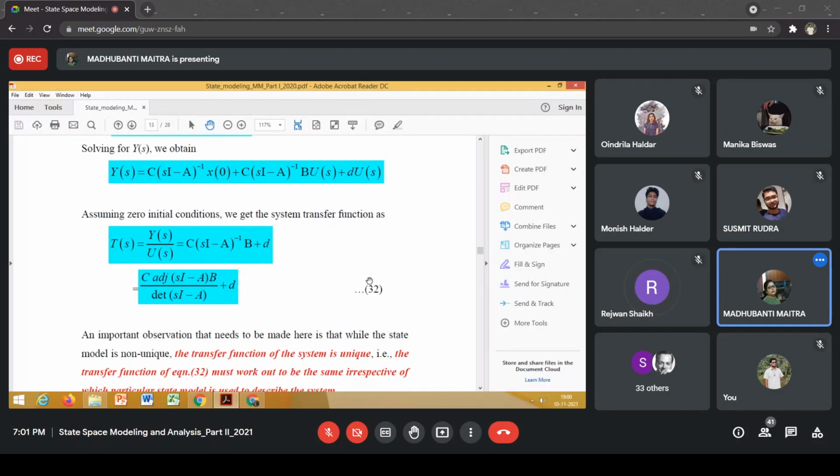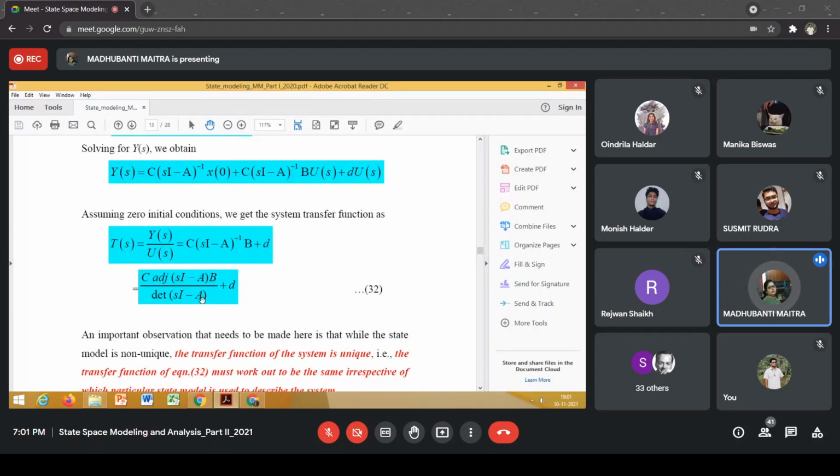Yes, ma'am. Okay. Now, if we express the transfer function in this form, that is C adjoint (sI minus A) B plus D into determinant (sI minus A), whole divided by determinant (sI minus A), that means in the denominator we are getting a term which is determinant (sI minus A), right?